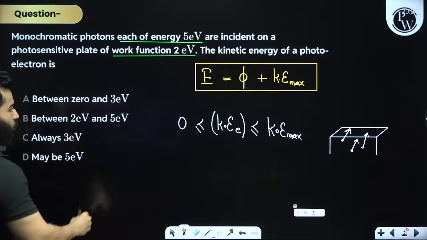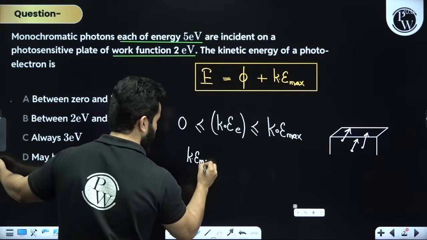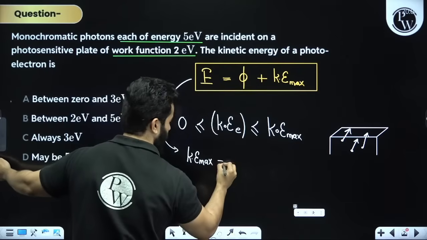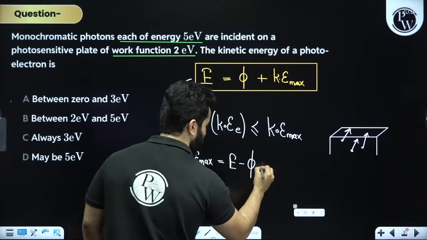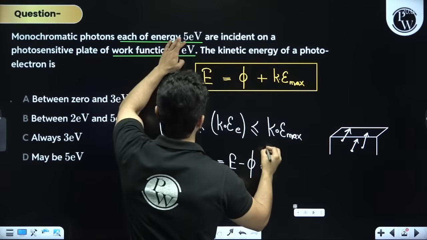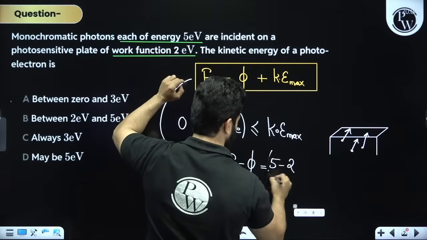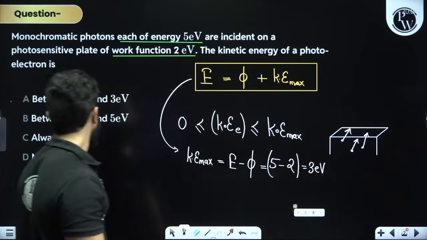So the answer is going to be kinetic energy. The maximum kinetic energy will be, if I use this formula, E minus phi, that is energy of incident radiation minus work function. So energy of incident radiation was 5 electron volt minus 2 electron volt, that is 3 electron volt. So this will become 3 electron volt, right?